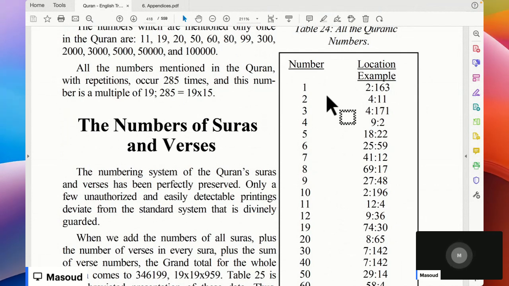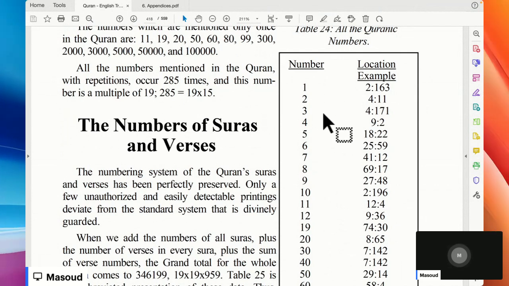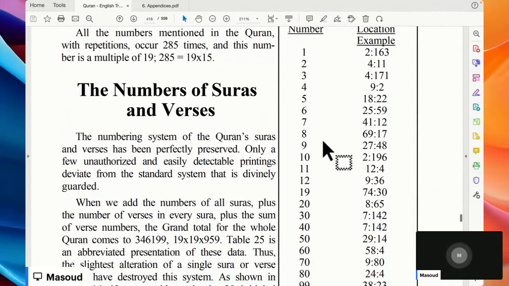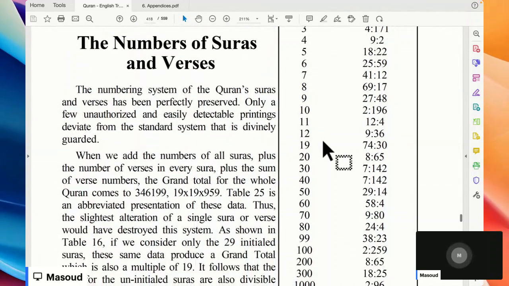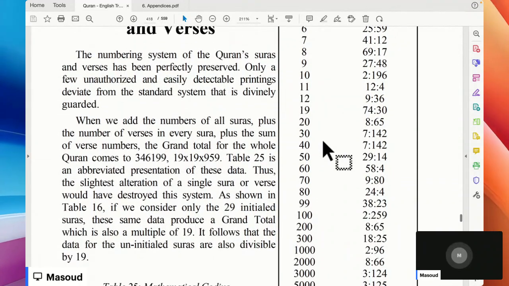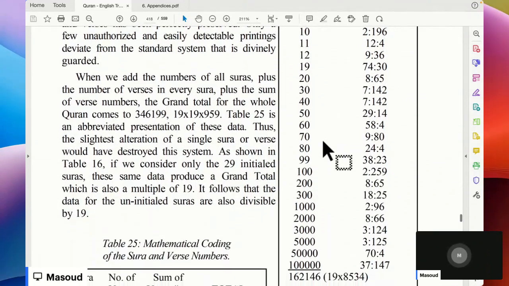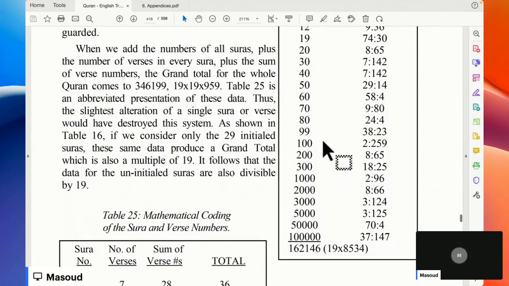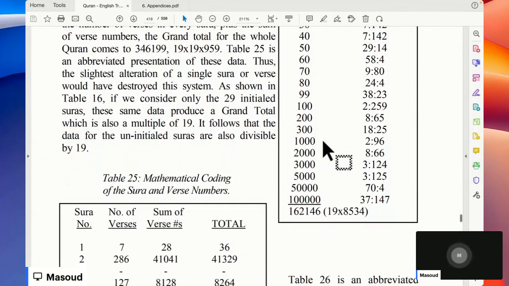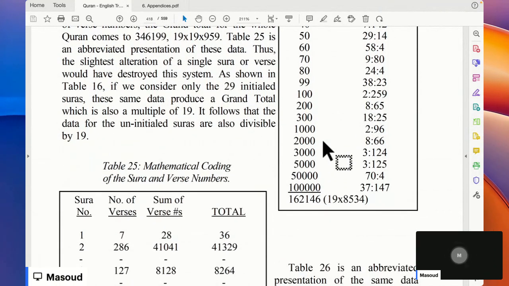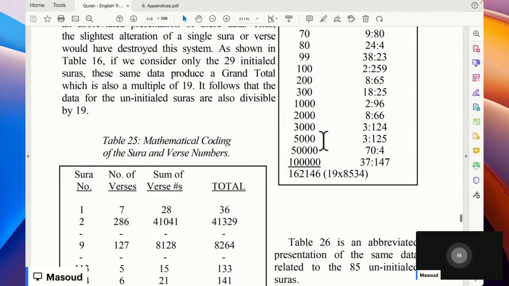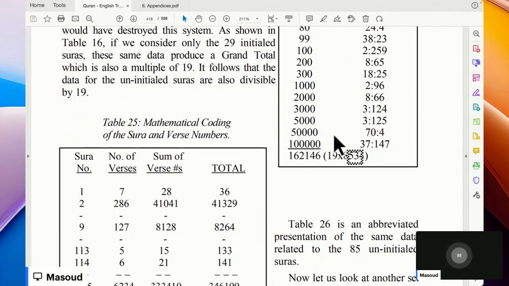So these are the numbers which have occurred in the Quran: 1, 2, 3, 4, 5, 6, 7, 8, 9, 10, 11, 12, 19, 20, 30, 40, 50, 60, 70, 80, 99, 100, 200, 300, 1000, 2000, 3,000, 5,000, 50,000, and 100,000.